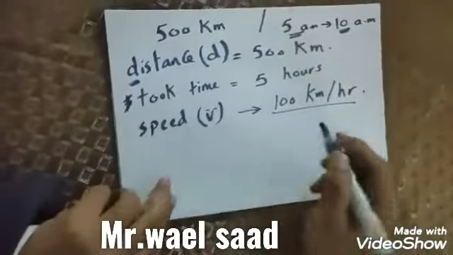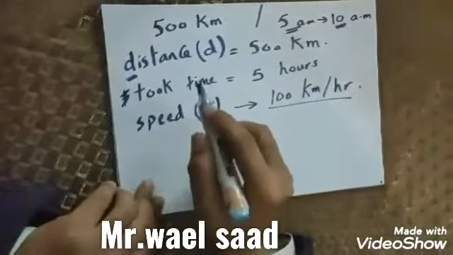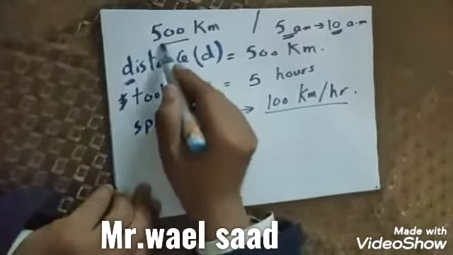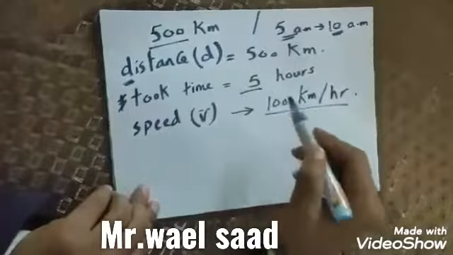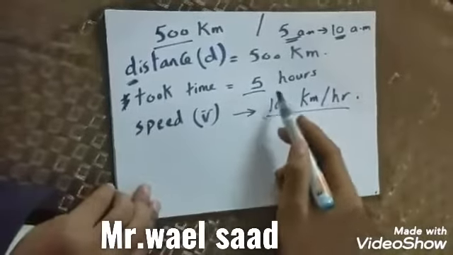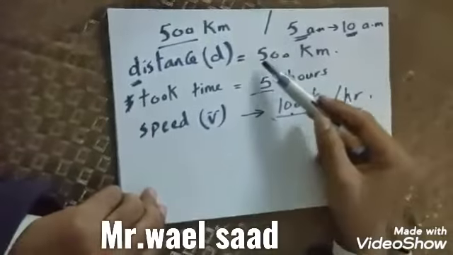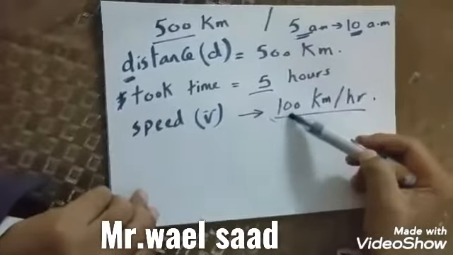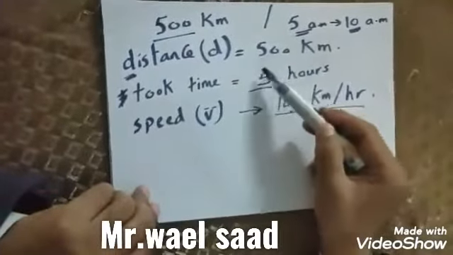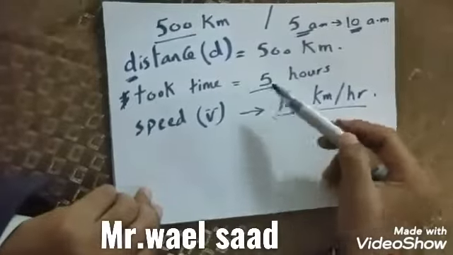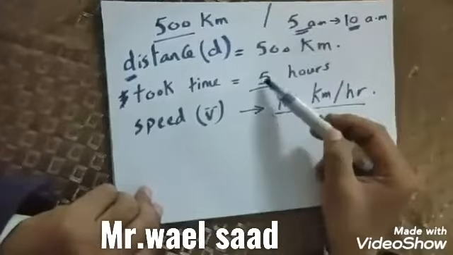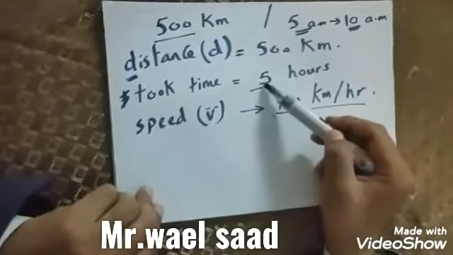Okay. Now I have three numbers: 500 kilometers, 5 hours, and I got 100. To get 100, what do I have to do? Can I say 500 times 5 to get 100? Or 500 divided by 5 to get 100? Or 500 minus 5? Or 500 plus 5?